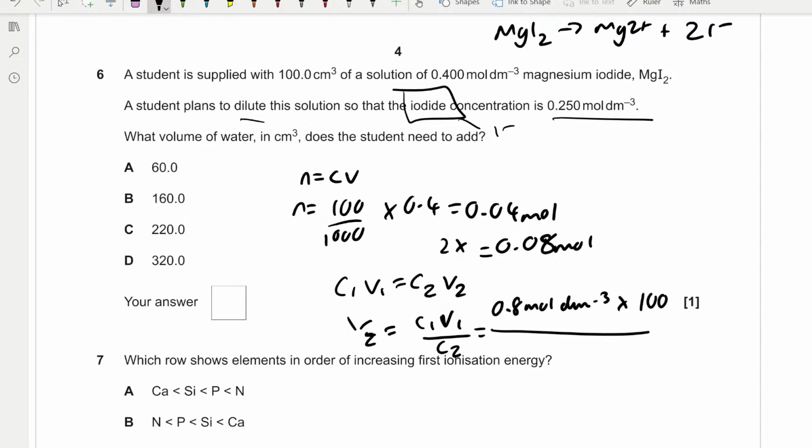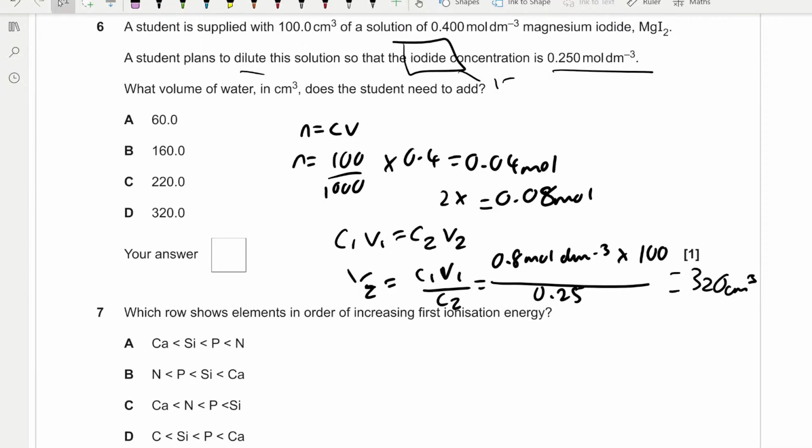And we want to divide it by our final concentration, which we want to be 0.25. So then we just put that into the calculator. That gives us 320 centimeters cubed. But don't forget that you need to subtract the initial volume, so that gives us 220 to add, which is answer C.